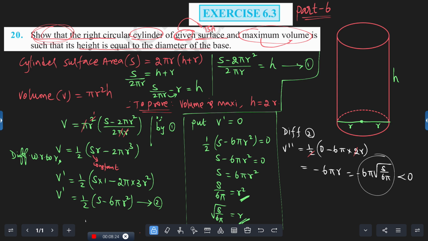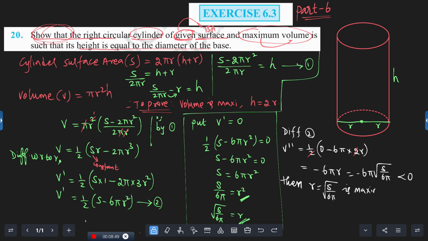We can simplify, but we don't want that. The negative is important. This is less than 0. Double derivative less than 0 means maxima. So R equal to square root of S divided by 6 pi is maxima.